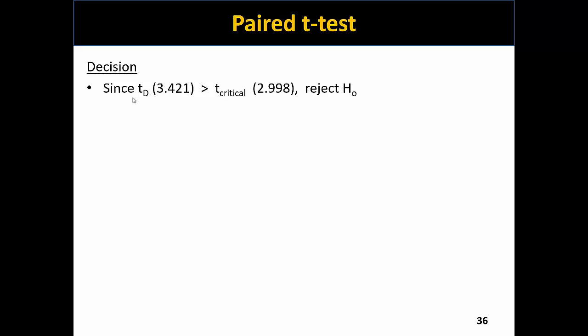However, the calculated t-value of 3.421 was in fact found to be greater than the critical t-value. And so if that case occurred, as it did occur, we reject the null hypothesis.